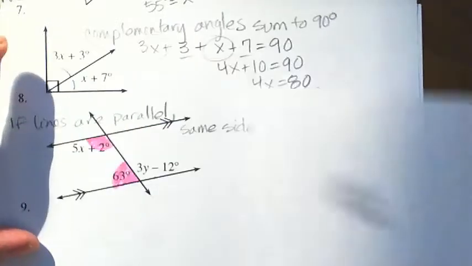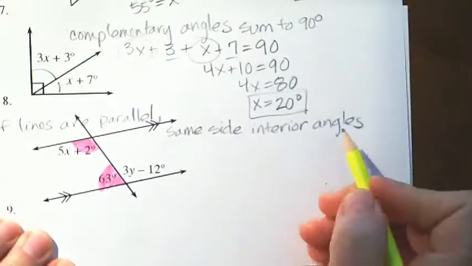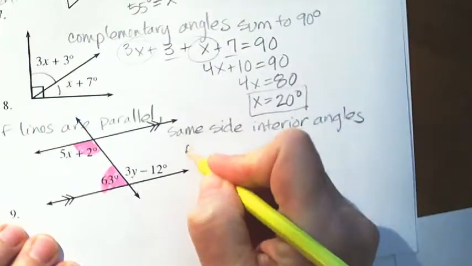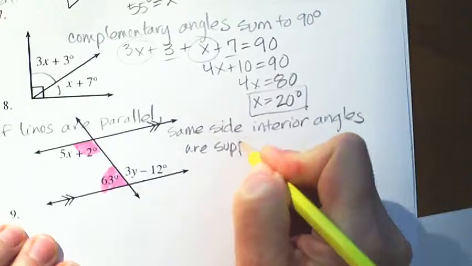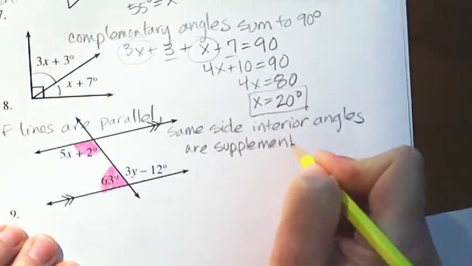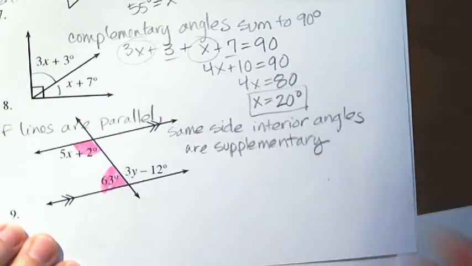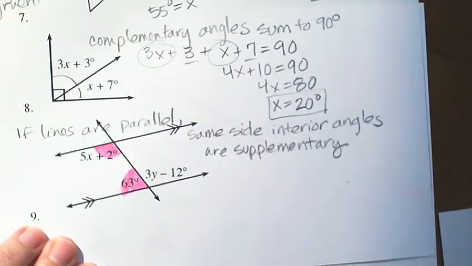So that's going to add up to 180. So same side interior angles are supplementary. Can you hear the thunder in the background? Hoping the electricity stays on.